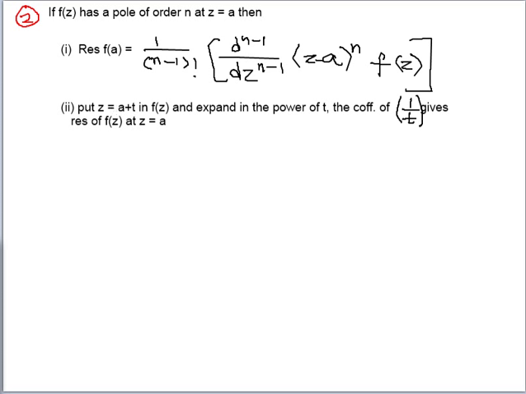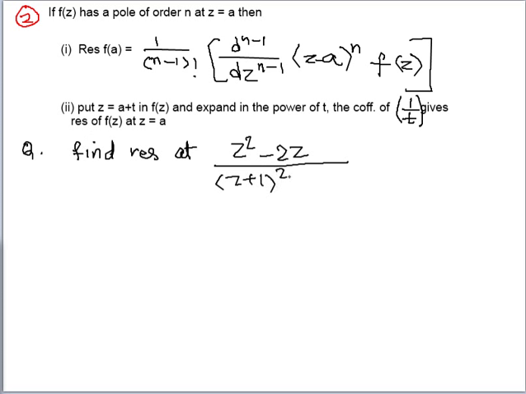So my example is: find the residue of (z square minus 2z) upon ((z plus 1) whole square times (z square plus 4)) at all its poles in the finite plane, at all its poles in C. C means whatever the given plane.